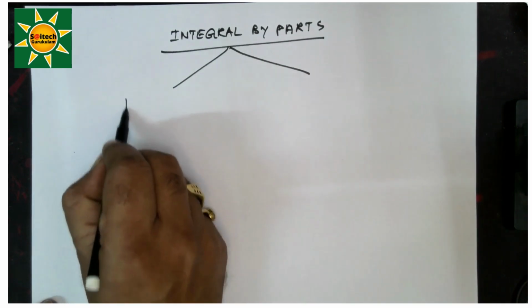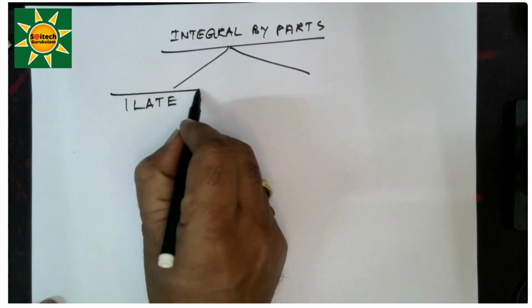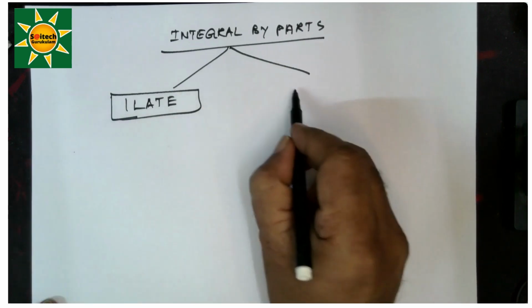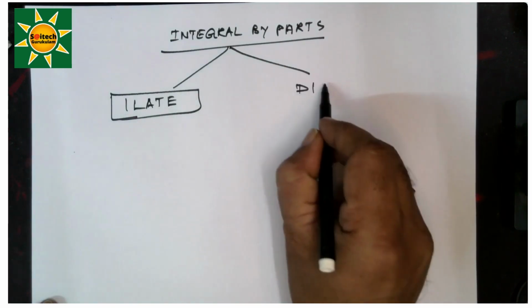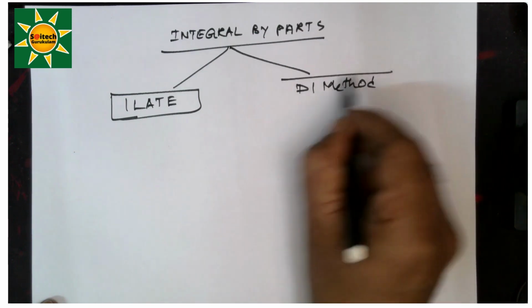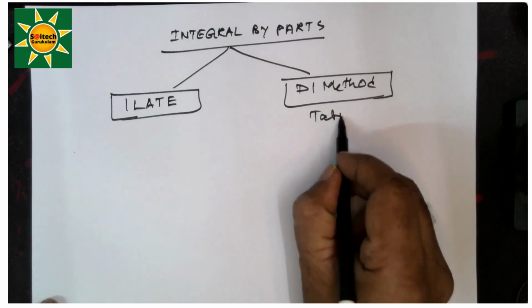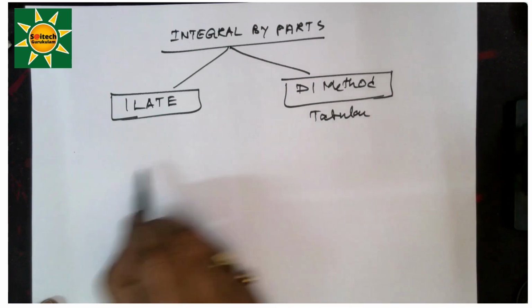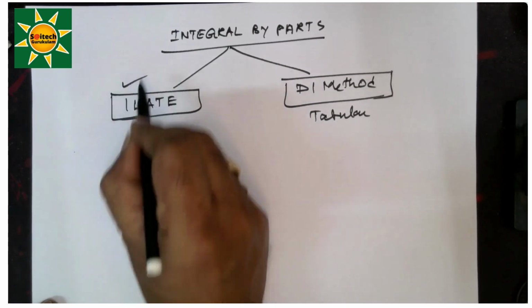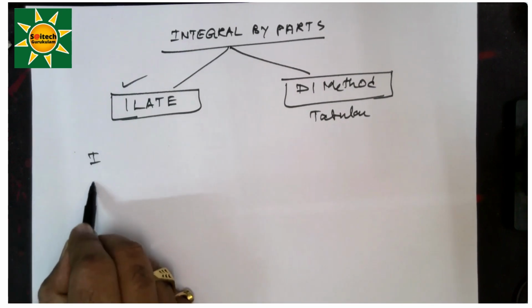One is ILATE, another is DI method, and this is also known as tabular method. Let me take up first this one, ILATE.